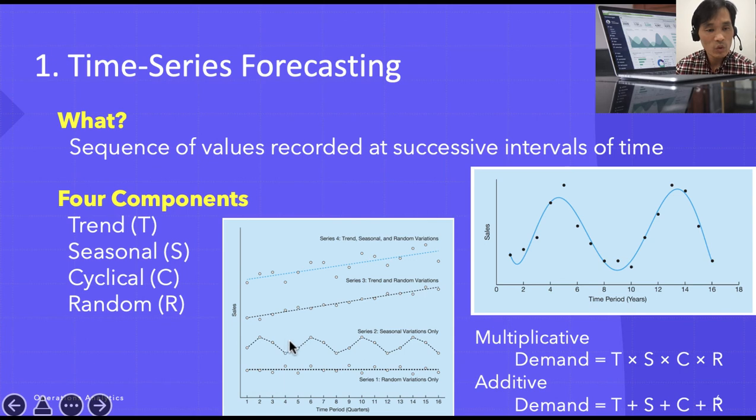For 3 or 4 years, there's a pattern to go through, and here is random variation, something that you cannot tell where it is coming from. If you put everything together, then your data would be moving like this, and then it's constantly increasing again like this. So it's changing, but it's increasing. So then it might look like your time series forecasting.